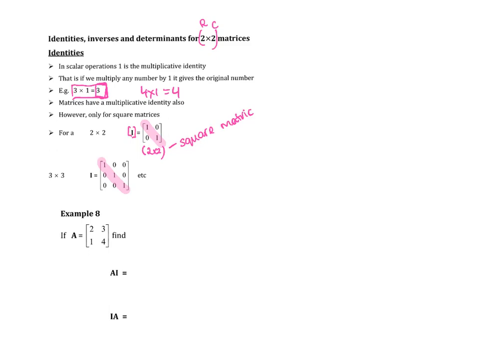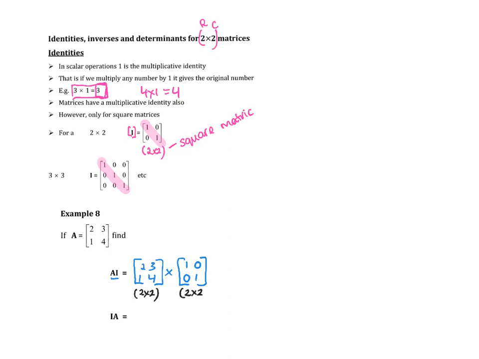So let's have a look. If we had A here, they're asking me to times the A matrix by the identity matrix. So I'm going to write out A by the identity matrix. The identity matrix for this one will be a 2x2 because I've got a 2x2. So let's practice what we were learning the other day with multiplying them.